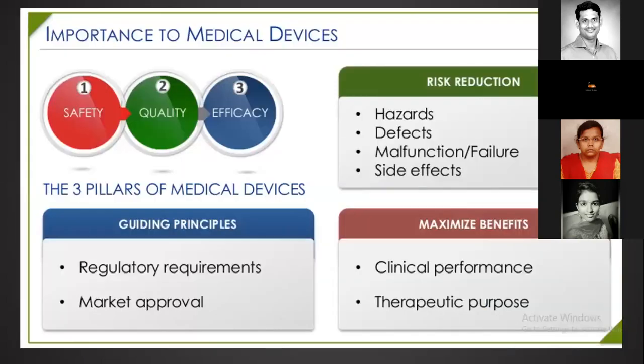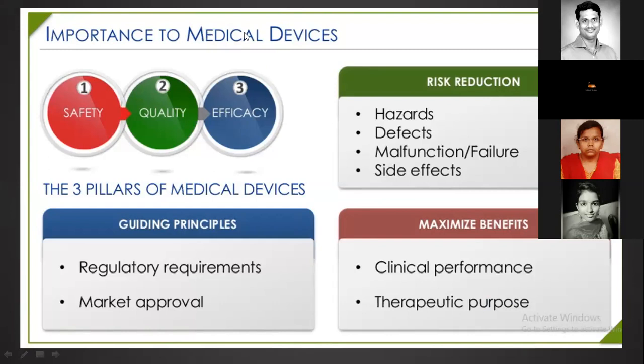What is the importance of medical devices? There are three important pillars of medical devices: safety, quality, and efficacy. Take pharmaceutical drugs as an example: safety and efficacy are very important.